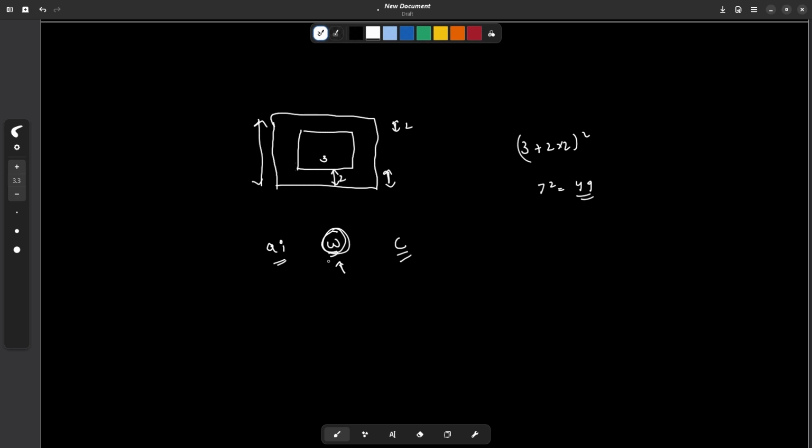We have to find this value of W according to the given array A and the total amount of cardboard used. For each painting, the total amount of cardboard used would be the side of the painting plus twice the width of the border, whole square, right? So this would be the value for each of the paintings, and if you do the summation for each of those, then it should be equal to C. This is our whole question.